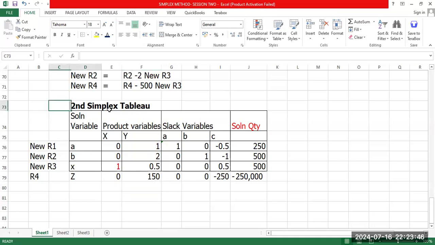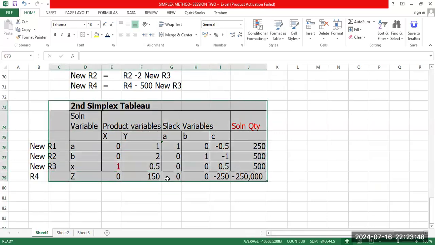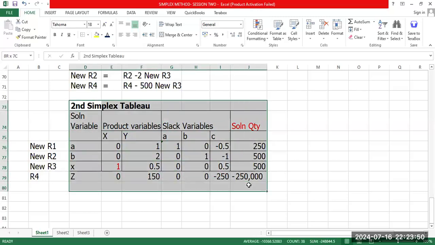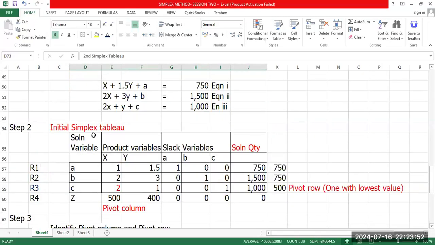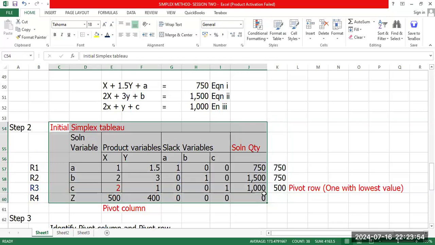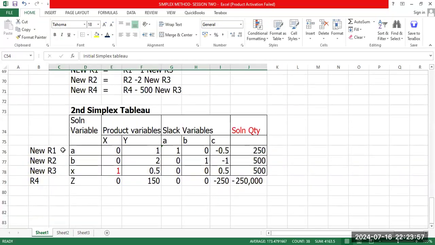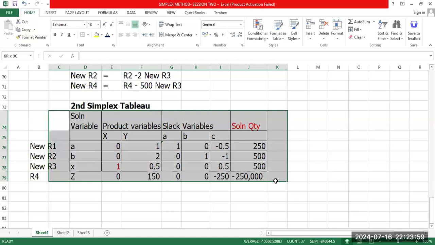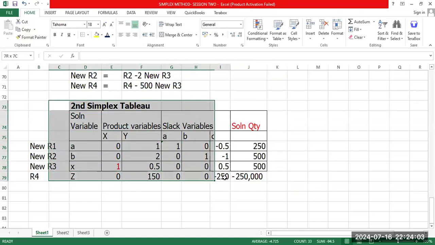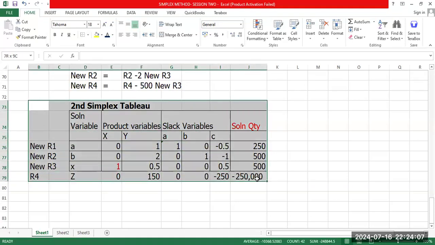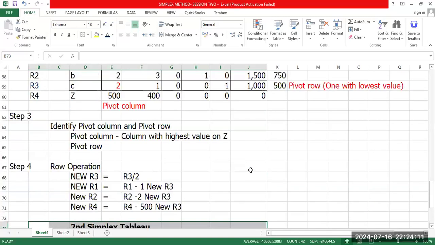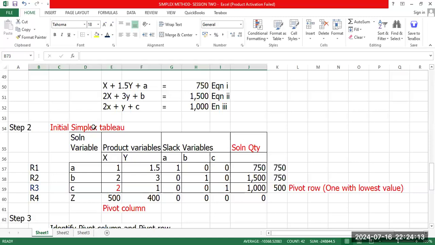As you repeat the procedure, this now is like your initial tableau. Now you forget about this, and your focus should be on this. Look at this now as your initial simplex tableau. That was our second step.